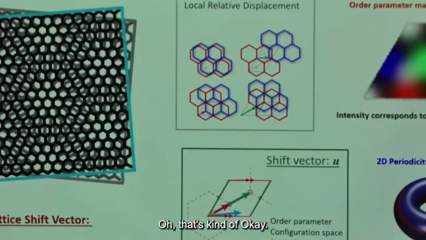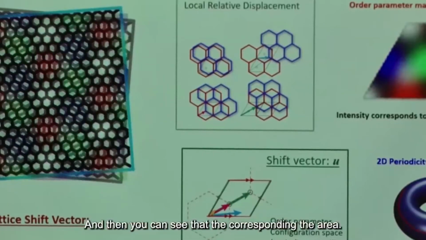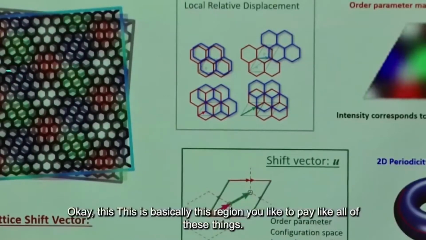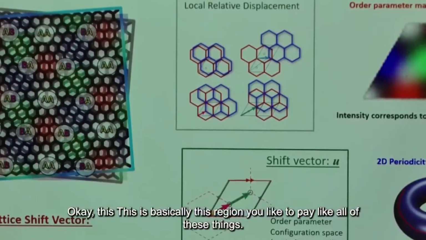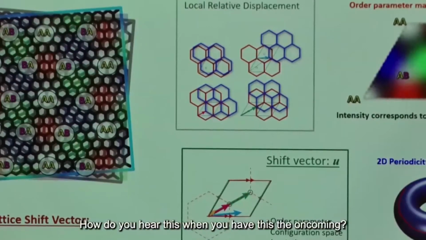Unfortunately, I don't have a good color for the AB or the BA region. And then you can see the corresponding area of this unrelaxed structure using this mapping. So this is AB-like, this is BA-like, and they all correspond in between, all colors mapping there.